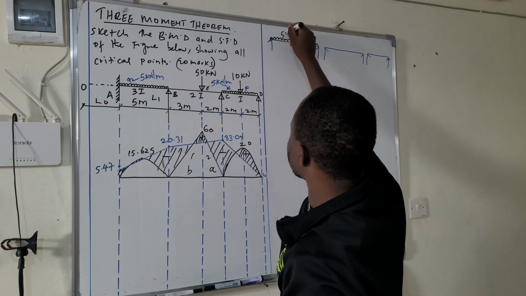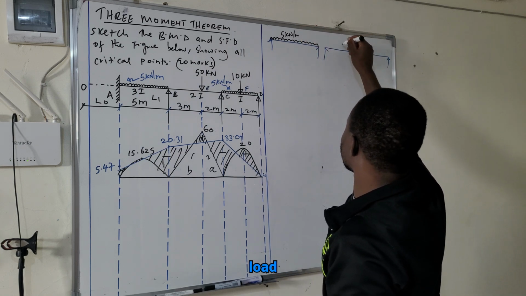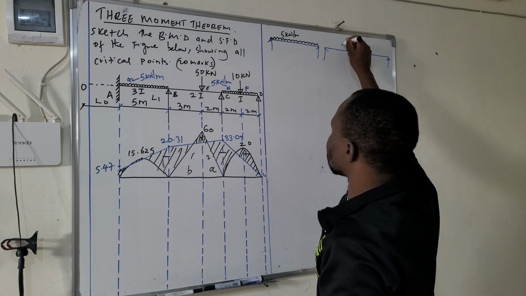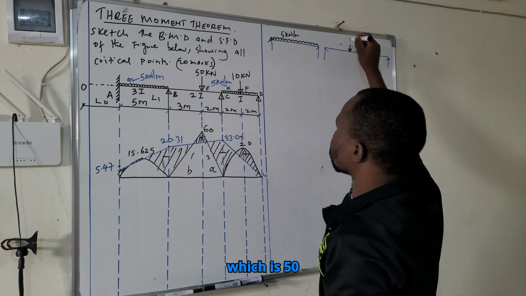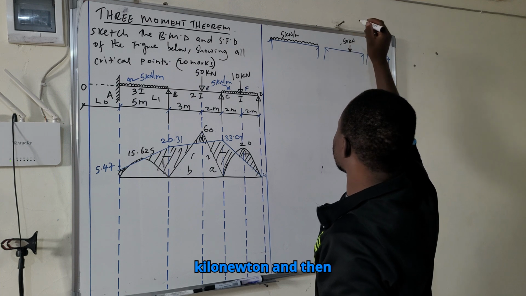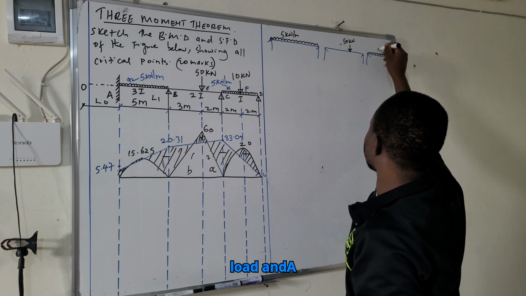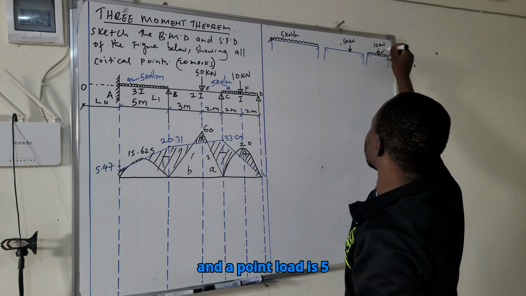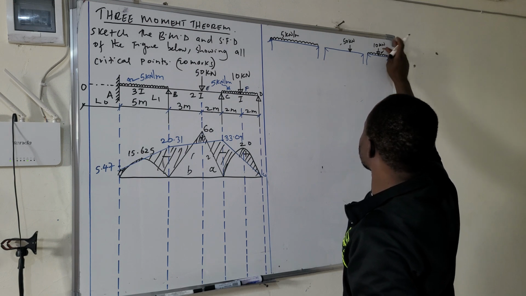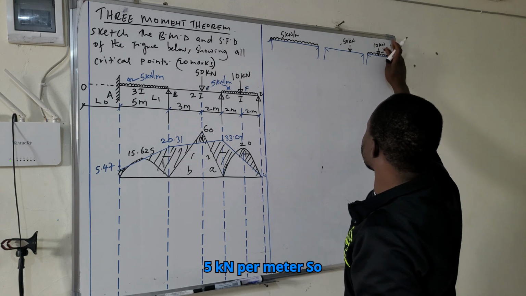So here we have a UDL, that is 5 kilonewton per meter. And here we have a point load which is 50 kilonewton, and then here we have a point load and a UDL. So that is 10, and the point load is 5 kilonewton per meter.